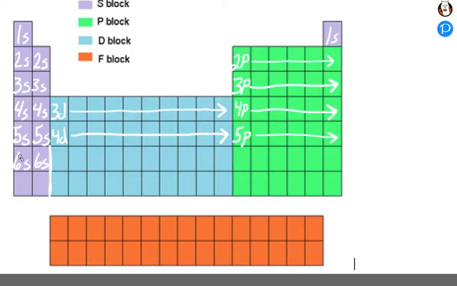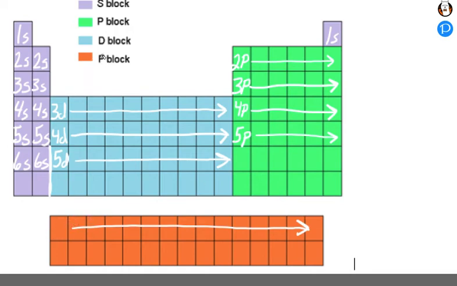So in other words, you'd be filling the 5p orbitals, you'd get to the 6s orbitals, and then before you go to this 5d here and start filling in those electrons, you would have to first fill these electrons here, because this whole row should be in between this 6s and this 5d. And what block would this be?